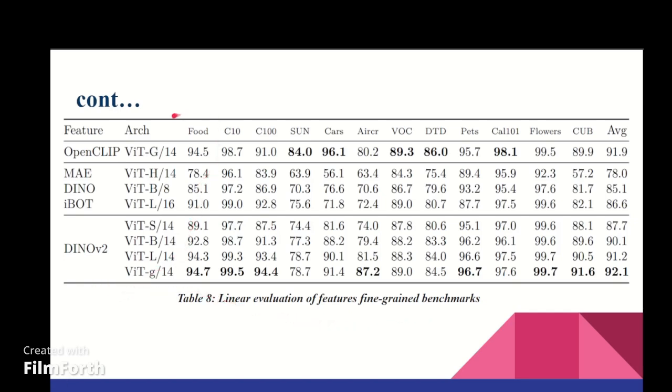You can see various types of objects, scenes, and textures were used to evaluate the model. So Food, C10, C100, SUN, Cars, Aircrafts, VOC, Pets, Flowers, etc. are used to evaluate the model generalization. So here you can see in most of the cases the model outperforms the SOTA models.